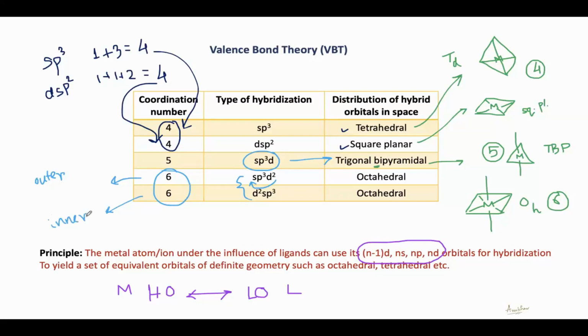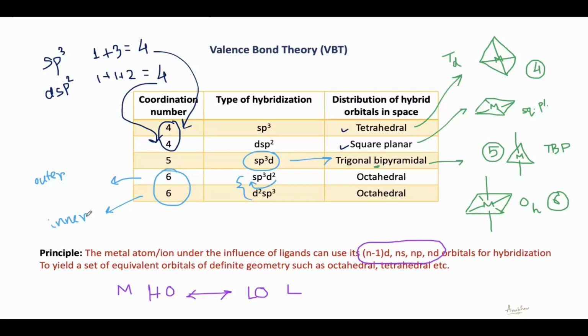So at this point, we know that there are 3 different coordination numbers generally in the valence bond theory: 4, 5 and 6. For coordination number 4, we have 2 different geometries: tetrahedral and square planar. Tetrahedral corresponds to sp3, square planar corresponds to dsp2.